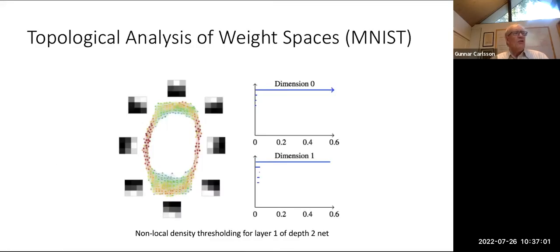Now, let me show you. I've just shown you a lot of ways to use this Mapper methodology on a lot of different data sets. What we're doing here is using it on the weight vectors that define the neural network. Remember, in the neural network you've got a locality of connection.